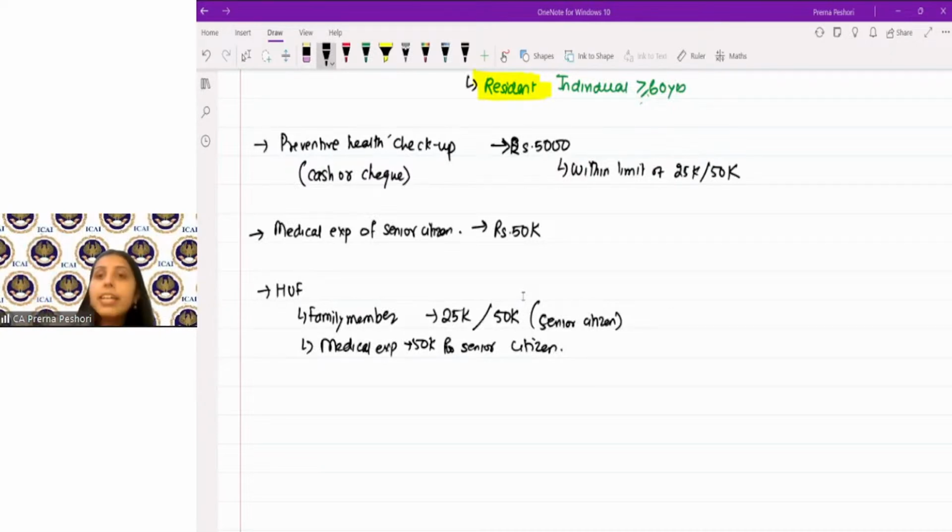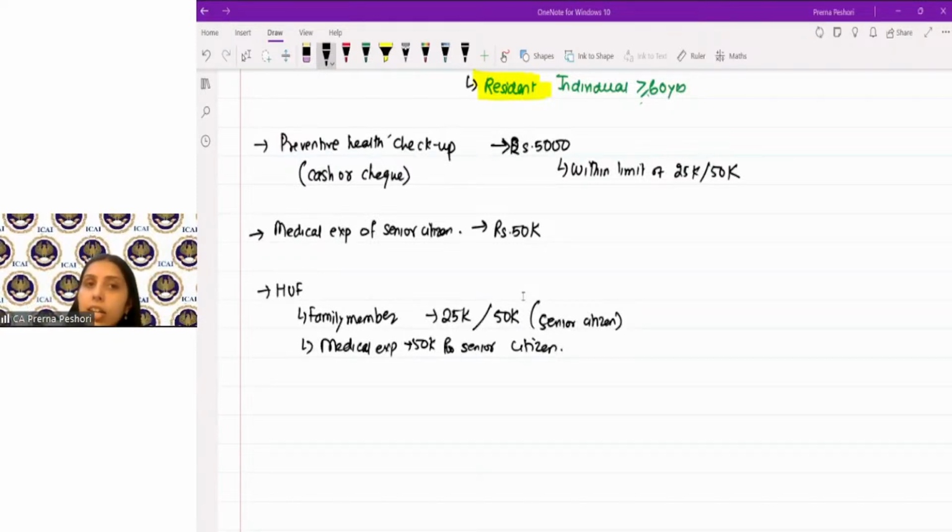In 80C, the LIC was for self, spouse, and children, dependent or independent. But for health insurance, it is self, spouse, and dependent children.